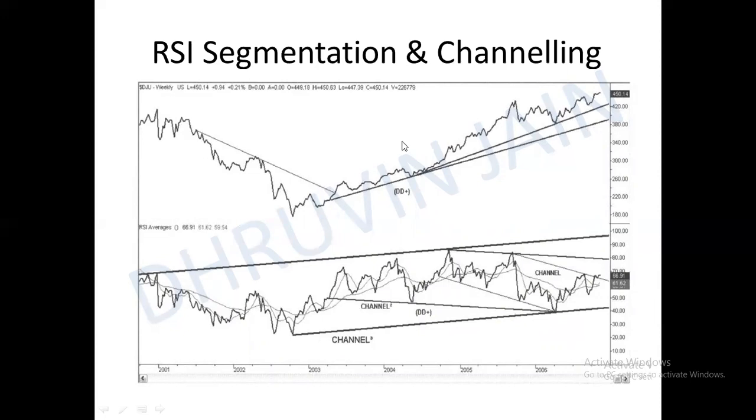The DD plus has passed from this point, and the broader structure which we can see is of channel 3. In here, he has plotted channel 3.